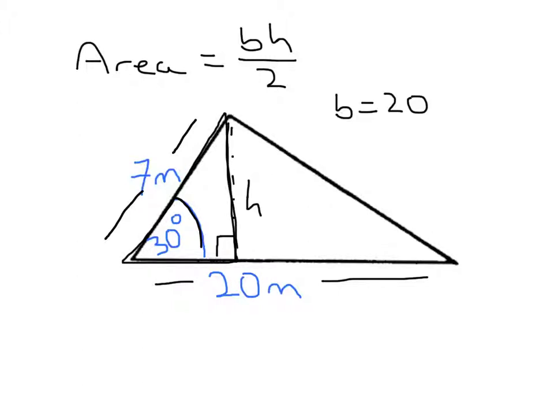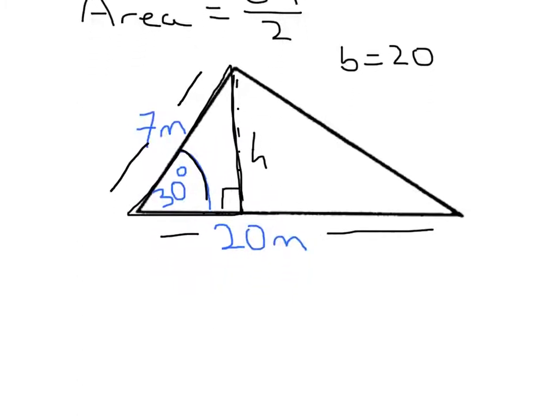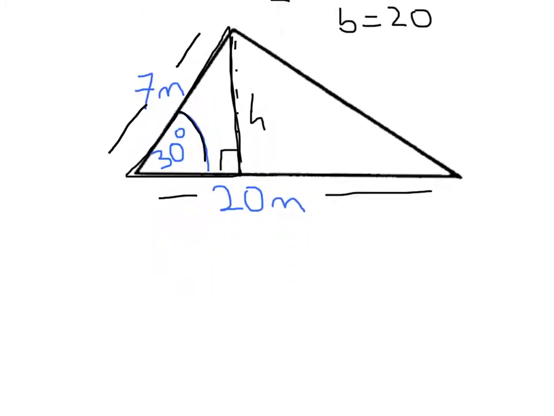a separate triangle. We can see it's a right angled triangle. So I'm going to sketch out this triangle underneath here. So we've got a hypotenuse of 7, an angle of 30 degrees, and we have this side which is the height.